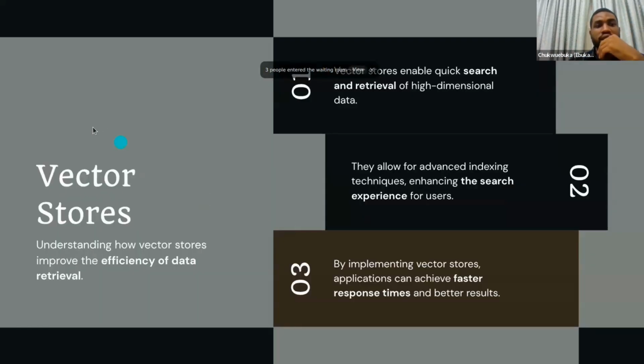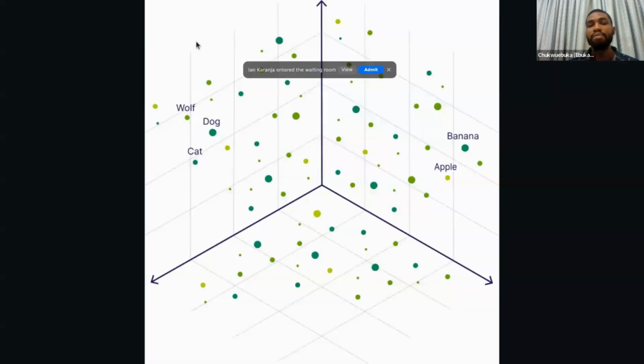And vector stores are where we store these vector embeddings. For most databases, you can't store vectors, although now I believe there are some databases that can, but the conventional databases can't store vector embeddings, because these vector embeddings are not just X and Y, they have many dimensions. This is a 3D space, so this is 3 dimensions.